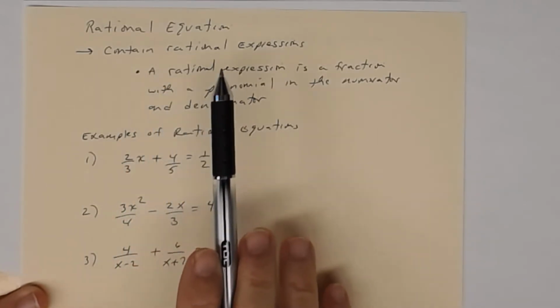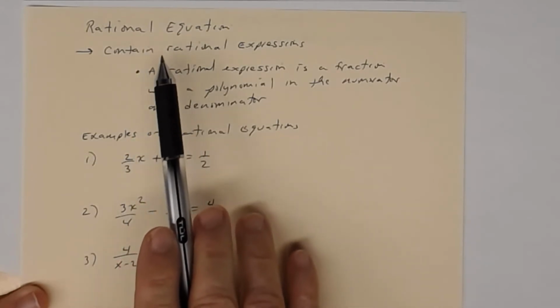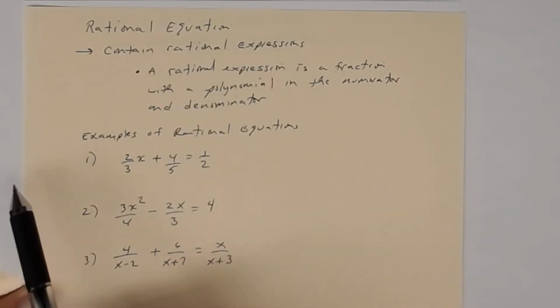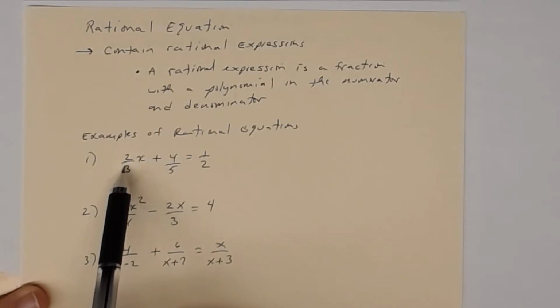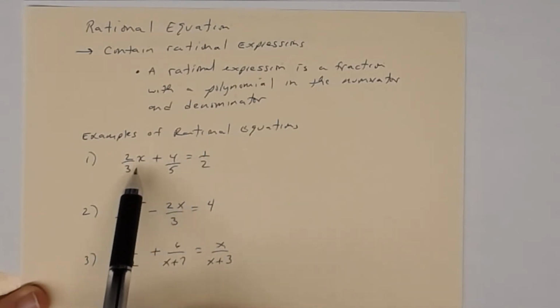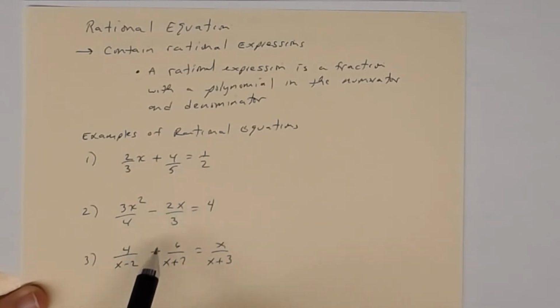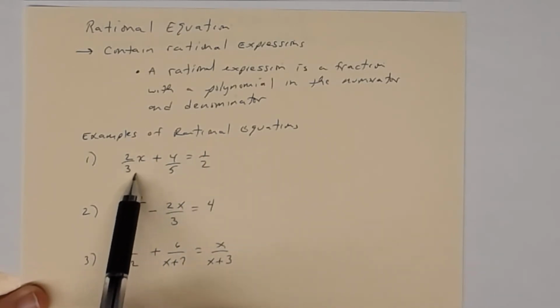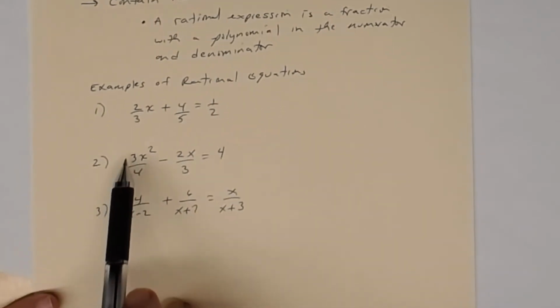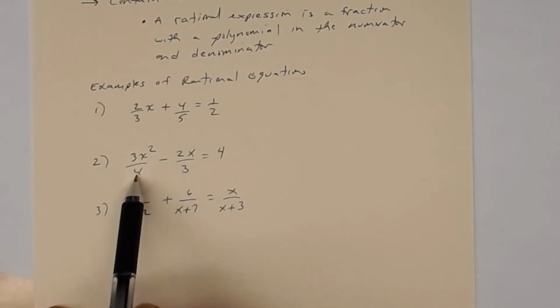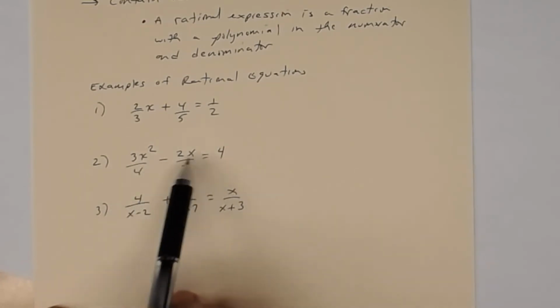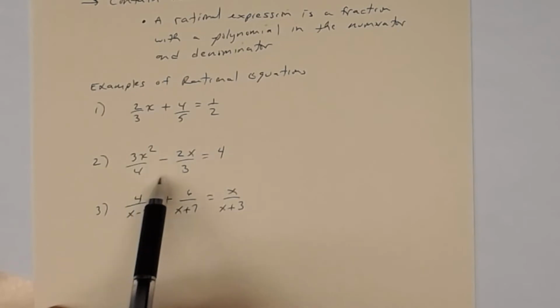So a rational equation contains at least one rational expression. But in this case, if you look at each of those terms, you have fractions: 2/3, 4/5, 1/2, right? And over here, in the second one, same thing. You have at least one term with fractions.